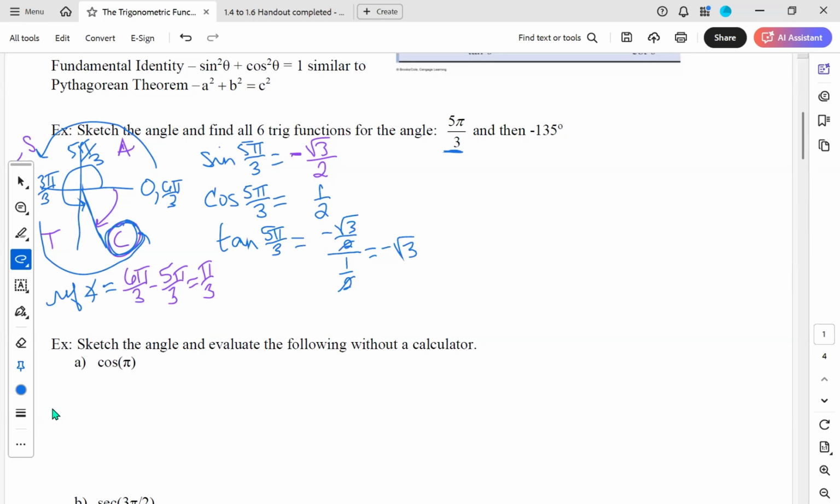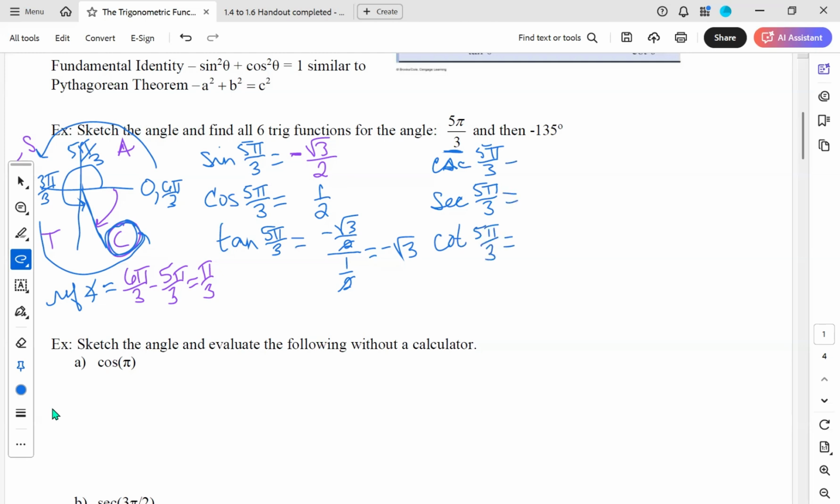All right, so now we're going to do the other 3 trig functions. So I've got cosecant of 5 pi over 3, then secant of 5 pi over 3, and then cotangent of 5 pi over 3.